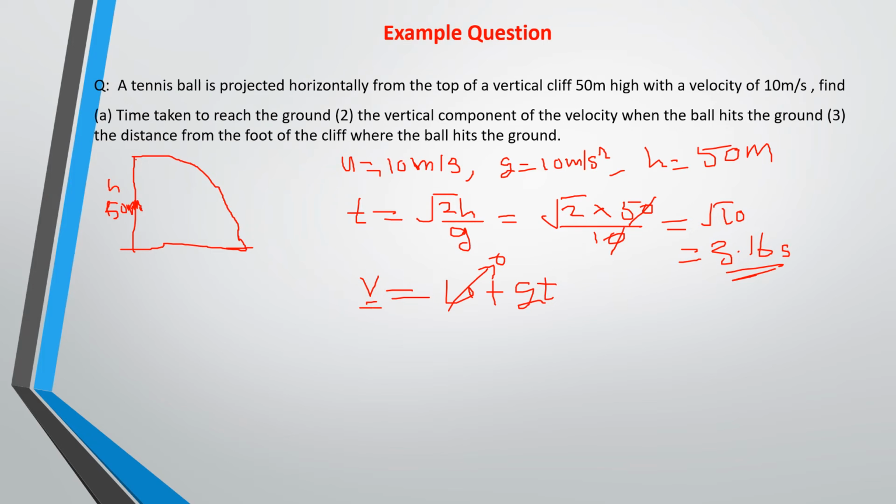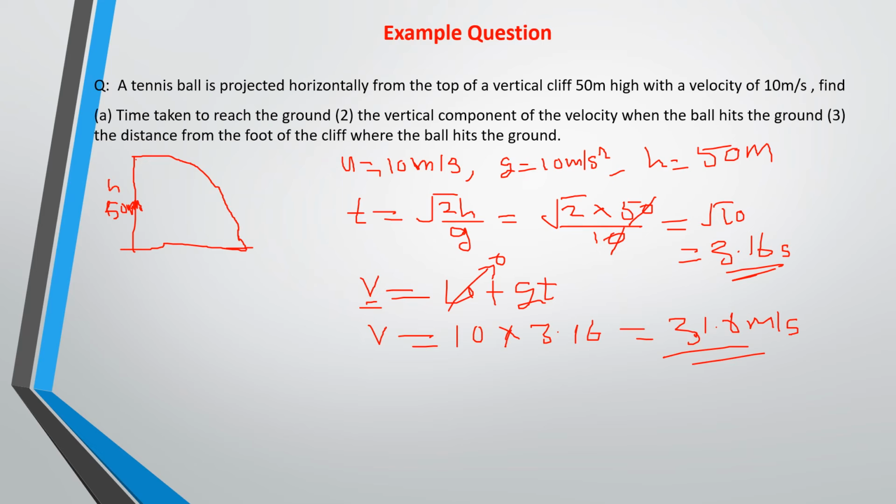So the vertical component v is equal to 10 times the time, which is 10 times 3.16. Okay, so that gives you 31.6 meters per second. Okay, so please take note of how the equations have been applied.